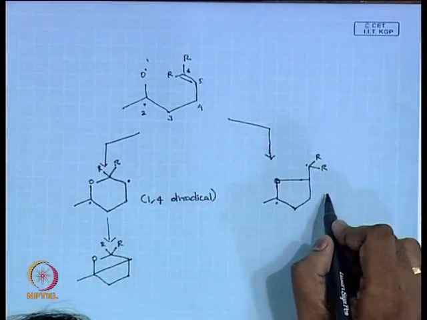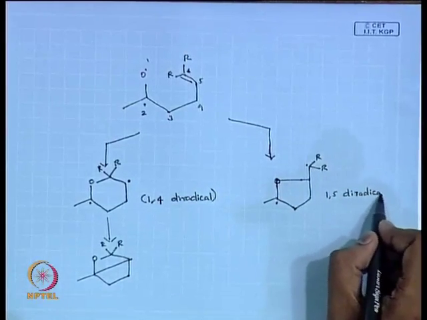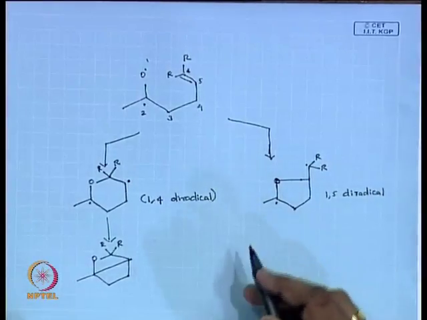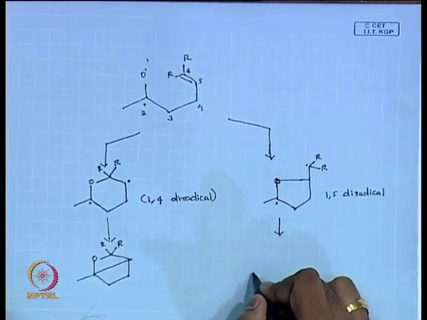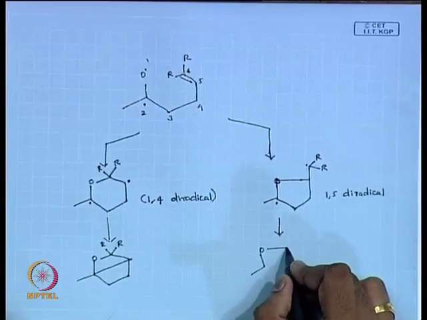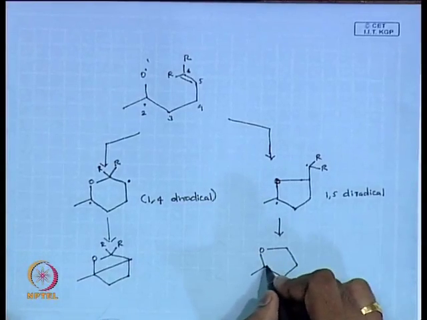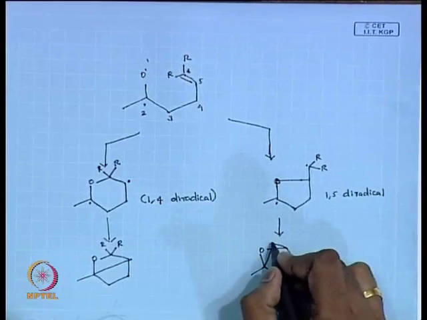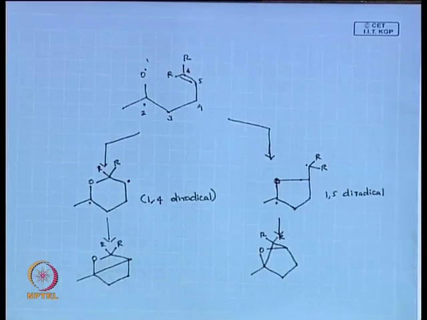So this is a 1,5 diradical. Again, it can easily recombine, no? So you get a type of cyclization. You get a system like this.